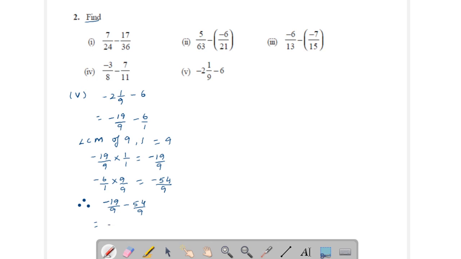This can be written as, here denominator is same, write once, minus 19 minus 54, and if you add it, you will get minus 73 upon 9, and in mixed fraction, you will get minus 8 1 upon 9. This is your answer.